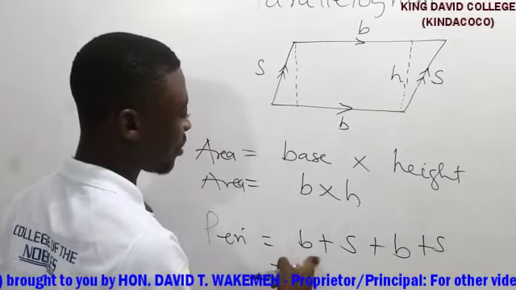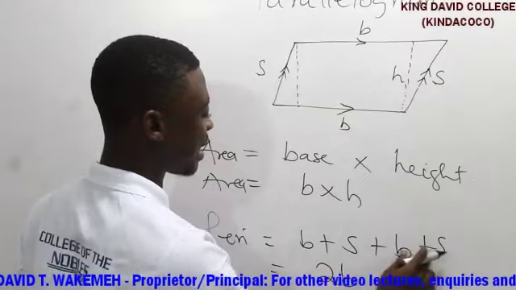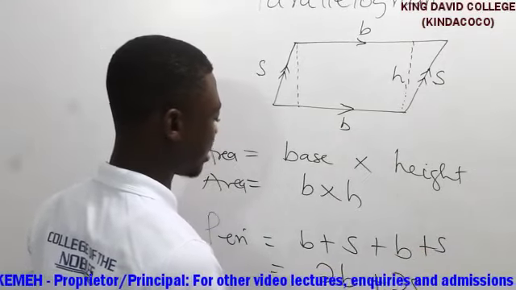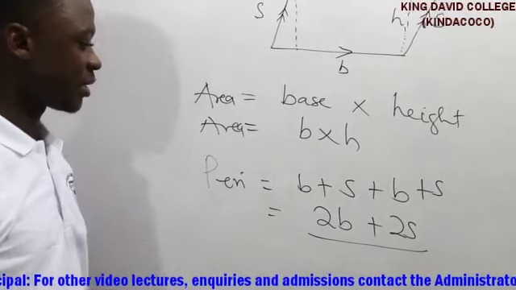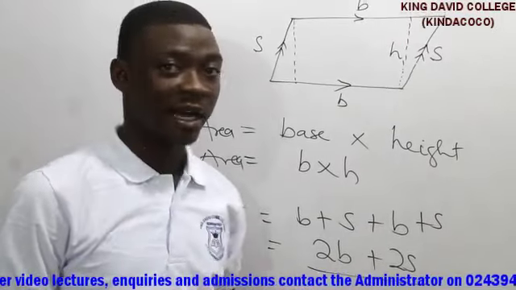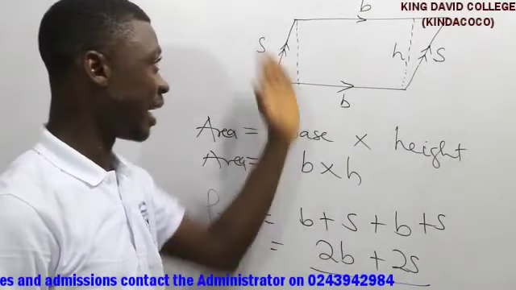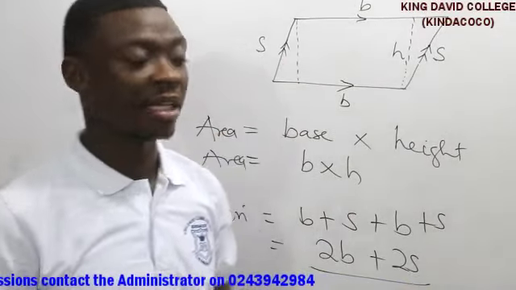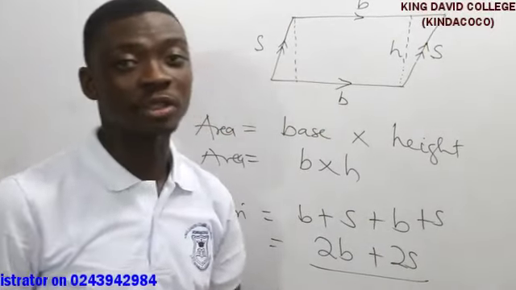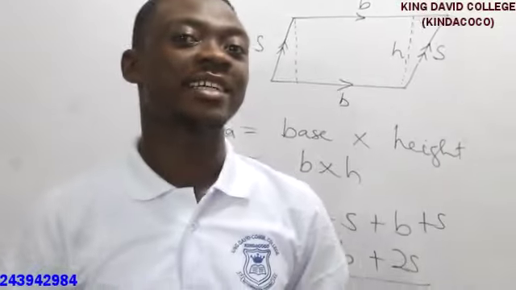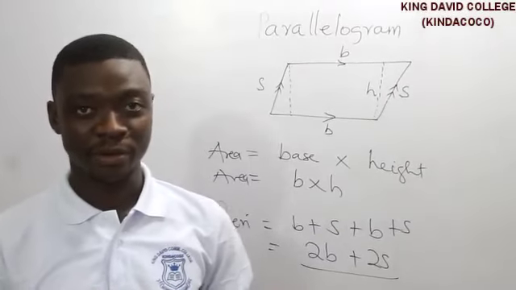We have two bases and two sides, so the perimeter of a parallelogram is always 2b plus 2s. Whatever values they've given you, the slanted heights and all that, you just insert them into either of these formulas to find your area and your perimeter.